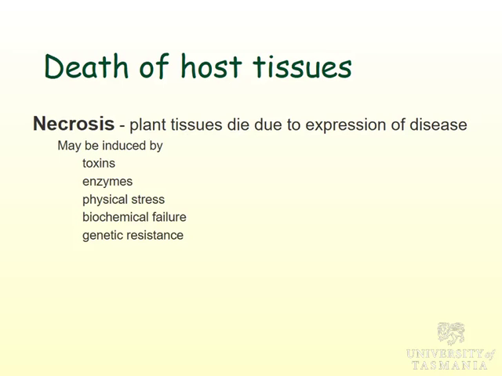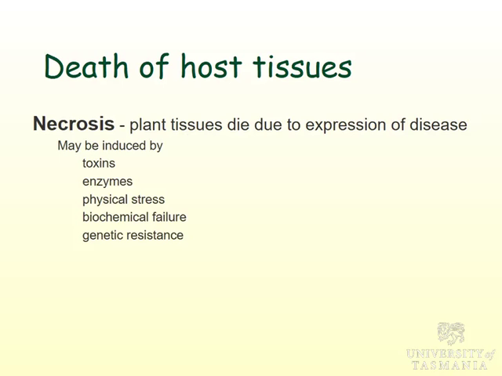So again, enzymes can be really important in terms of digesting a lot of those protective structures in plants. There may be physical stress. It might be with various fungi. They actually produce penetration structures that force their way into cells, and in doing so might end up causing cell death.